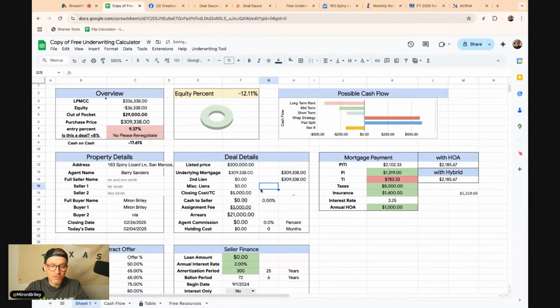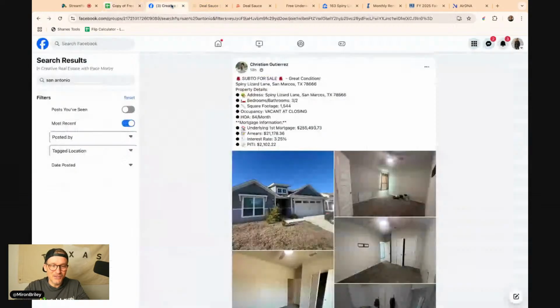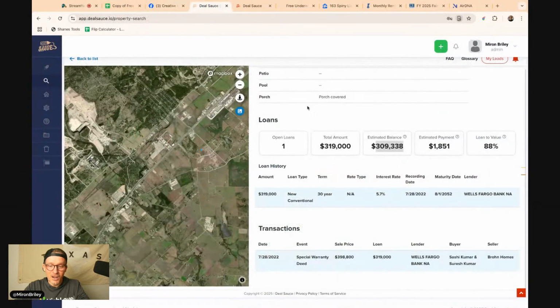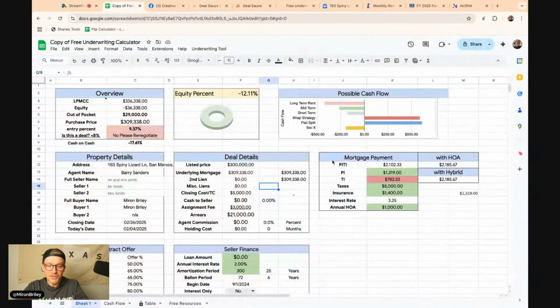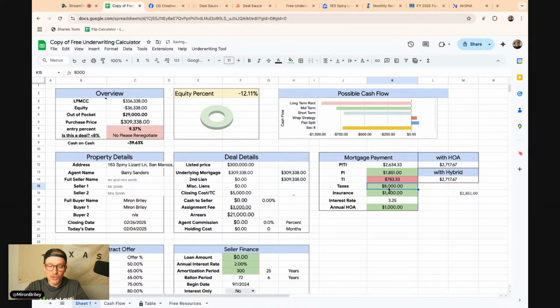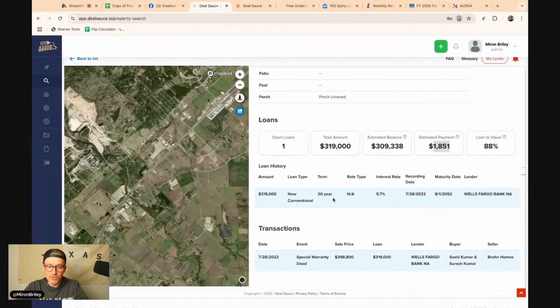Which is wrong because he's saying 255, right? I don't know. Obviously this stuff is wrong. But what I would do is say, okay, the payment's 1851. I would put that right there. I know the taxes are 8 grand. I think it says it right here.